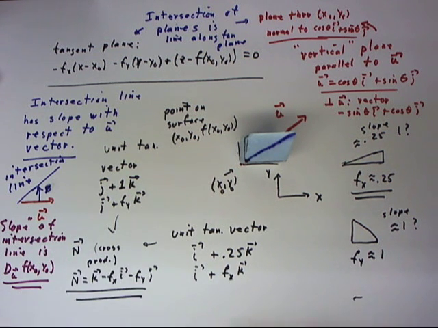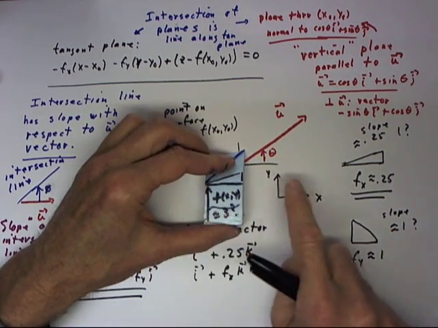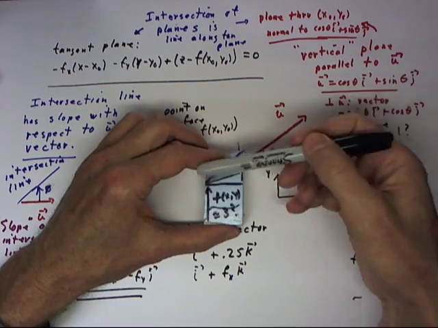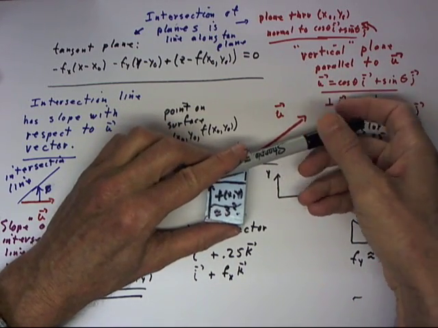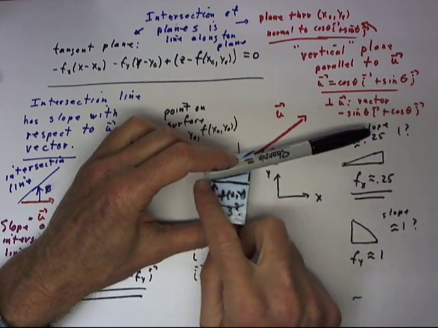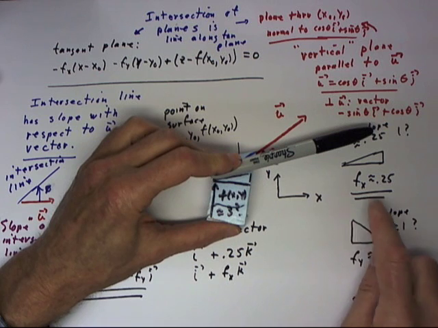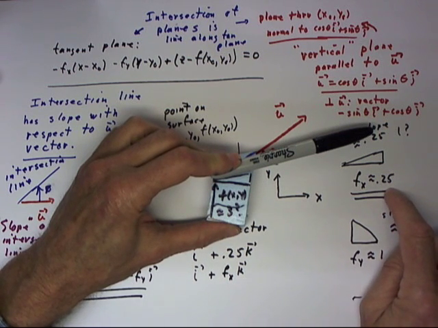We see then that a unit tangent vector in the x direction would be a vector that comes out in this direction and up in the y direction, and perhaps the unit length is equal to the length of this Sharpie, so the unit vector would have a slope essentially of 0.25.